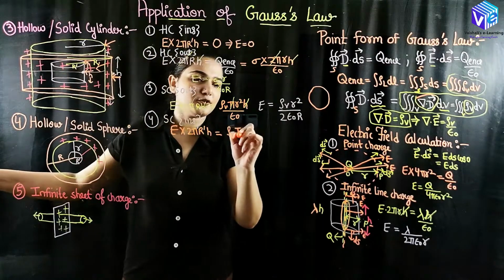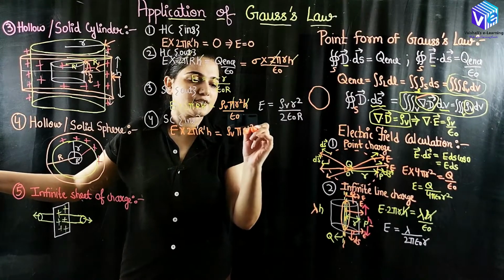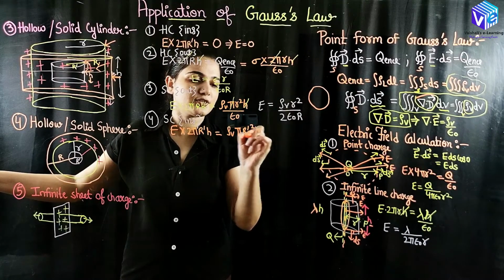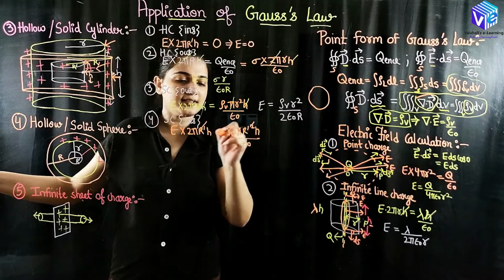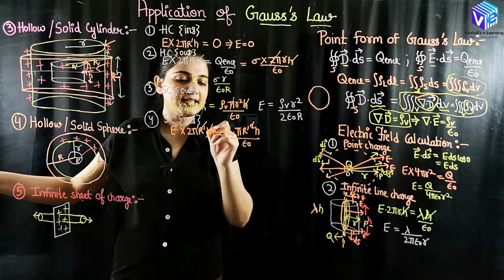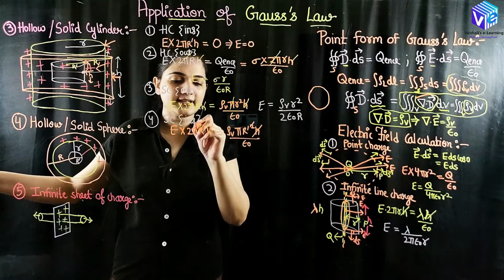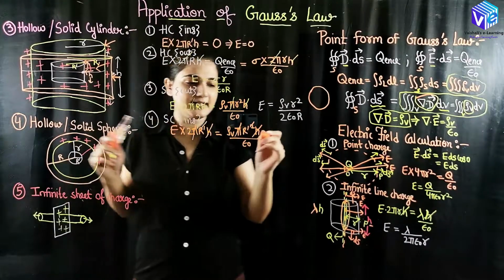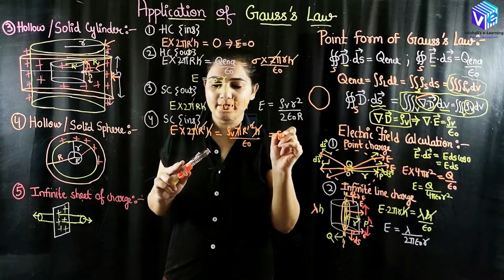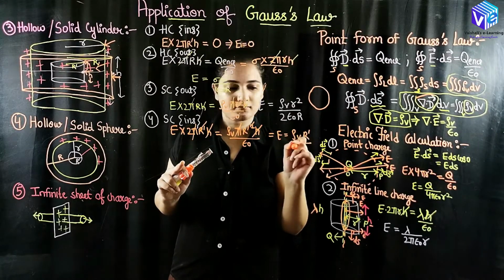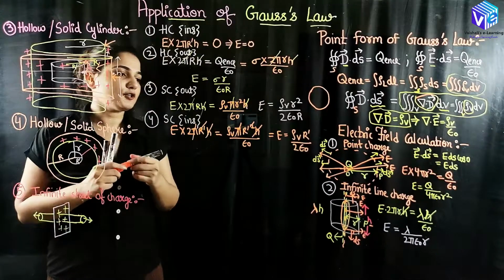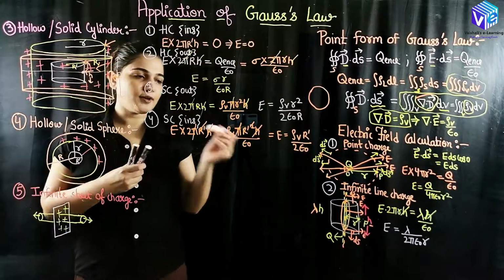So it will be equal to rho V pi r dash square into h upon epsilon naught. Here r dash and this r will get cancelled out, h and h will get cancelled out, pi and pi will get cancelled out. So E is equal to rho V r dash upon 2 epsilon naught.